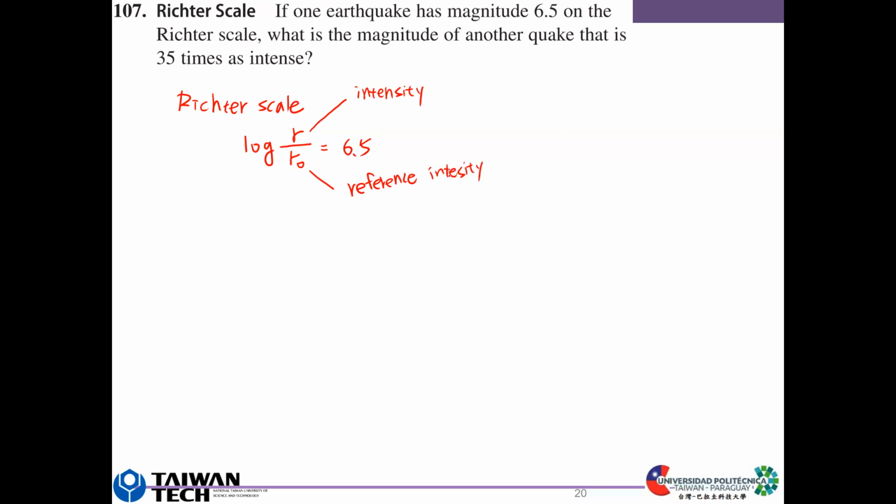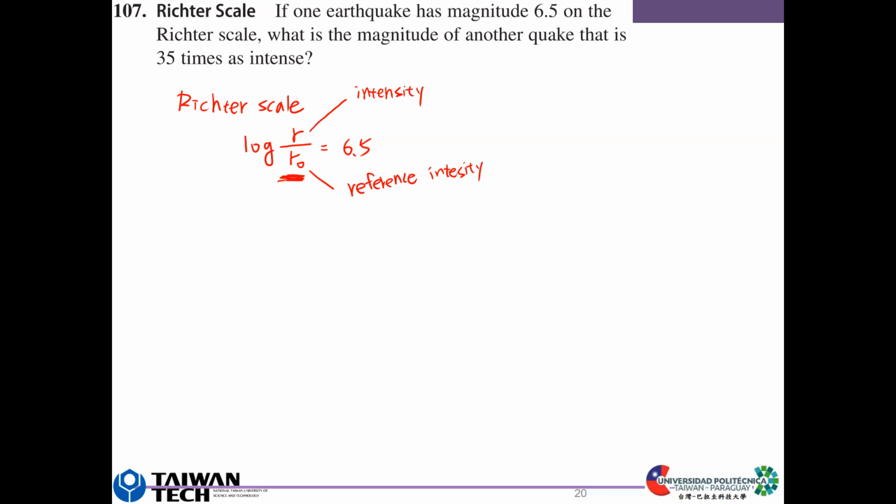We need to have a reference, and you can assign the intensity of any earthquake as a reference. But here we have a specific reference for the Richter scale.